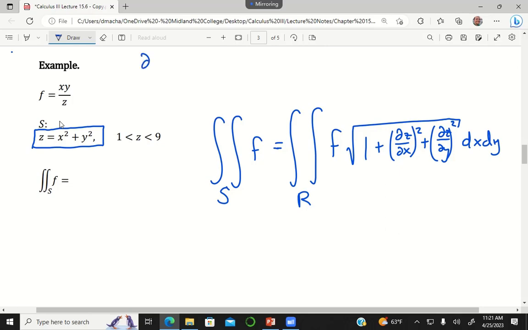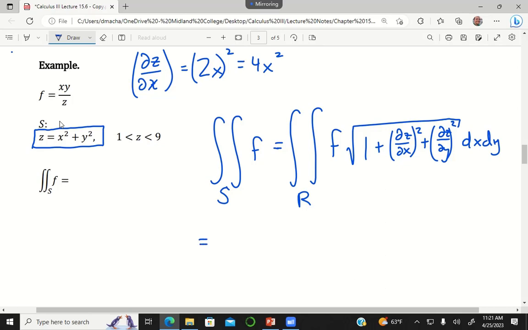So partial of z with respect to x is 2x, and if I square it, then that's 4x squared. And obviously it's the same thing for y.